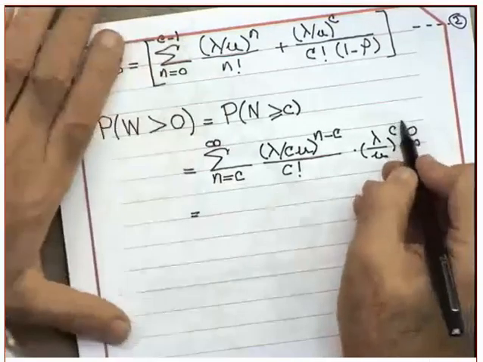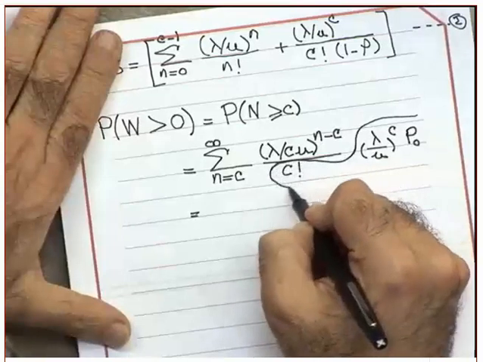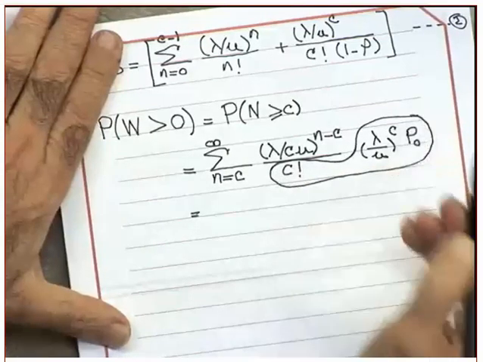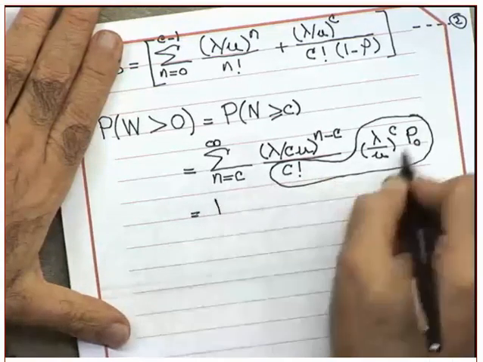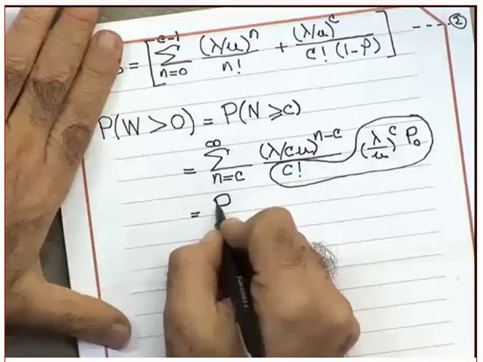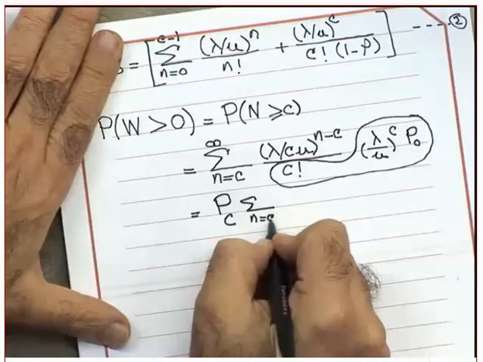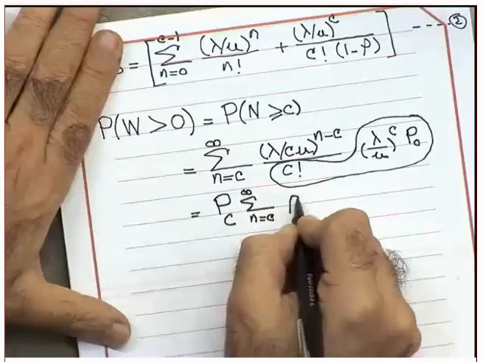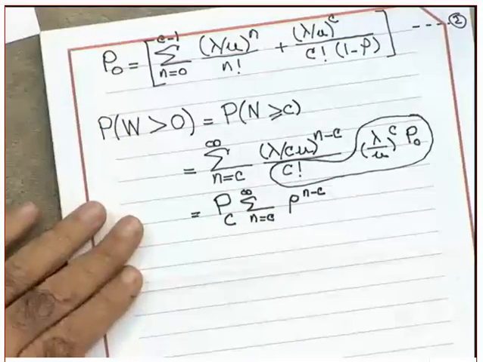Okay, and that's equal to. Now, I want you to see this. What is this equal to? PC. Do you agree with me or not? So I'm going to write it so that I don't need to repeat all of this. It's PC times the summation n equal to C to infinity, rho to the N minus C. Do you agree?